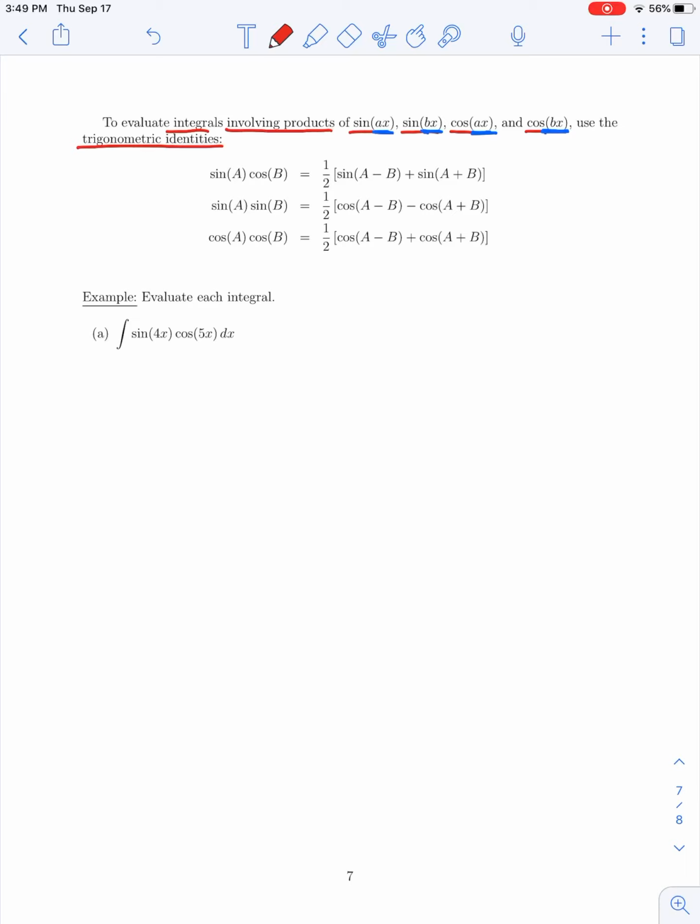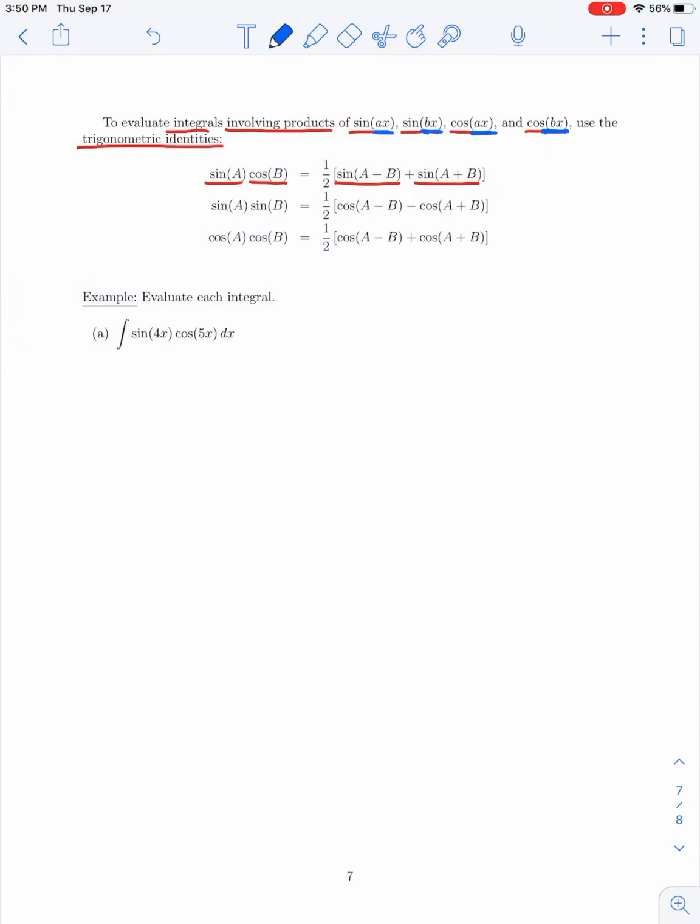The first one says if we're taking a product of sine and cosine of different arguments, that is sine of a and cosine of b, where a and b are different numbers, we can express this as 1/2 of sine of the difference, a minus b, plus sine of the sum, a plus b.